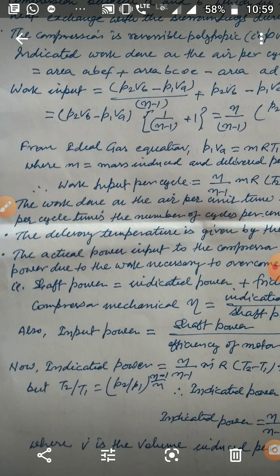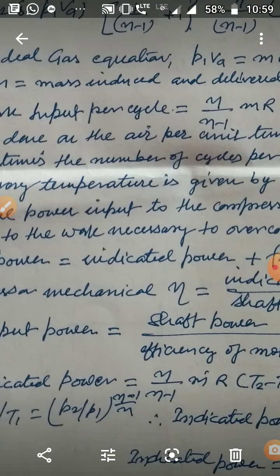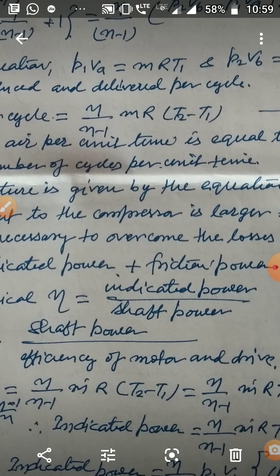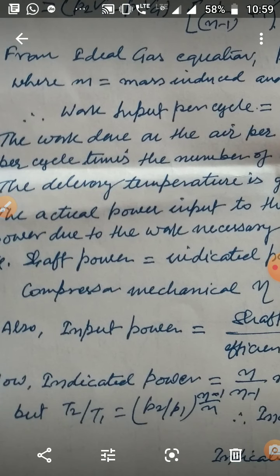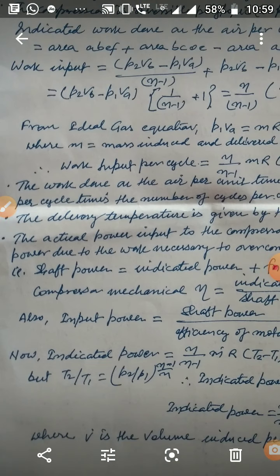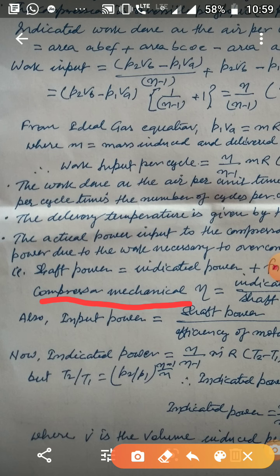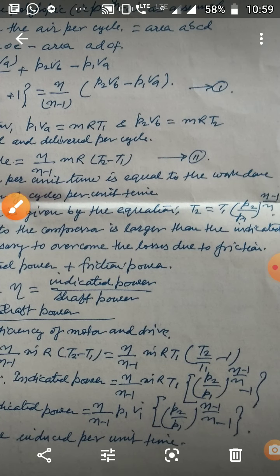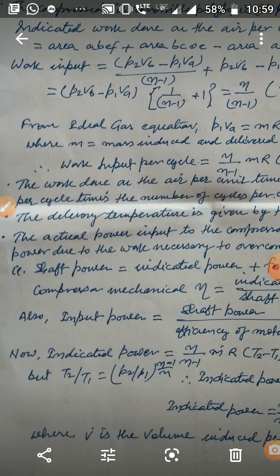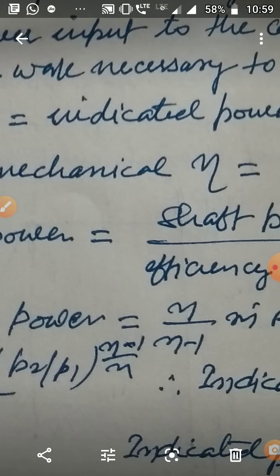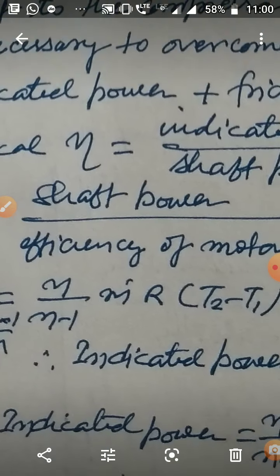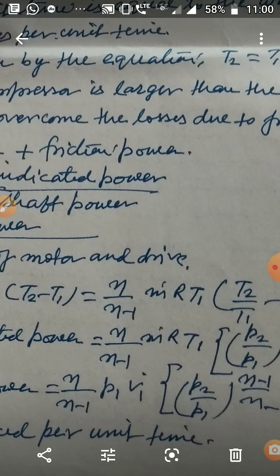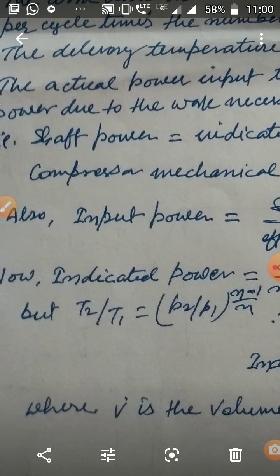Because of that, the shaft power is equal to the indicated power plus friction power, and compressor mechanical efficiency is written as the ratio of indicated power to the shaft power. Indicated power is also written as the ratio of shaft power to the efficiency of motor and drive.